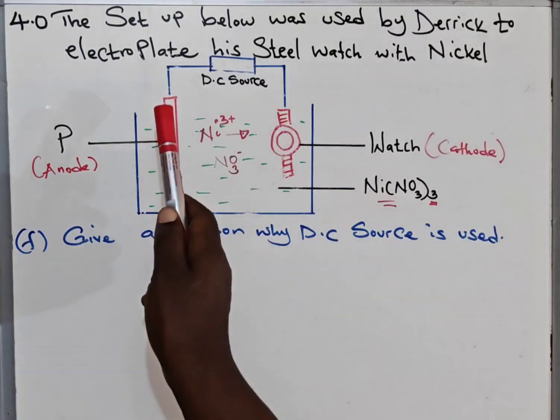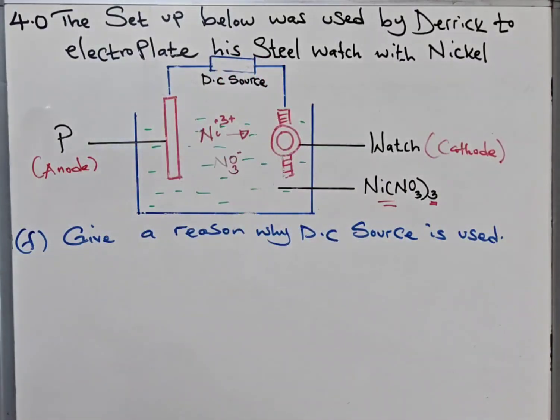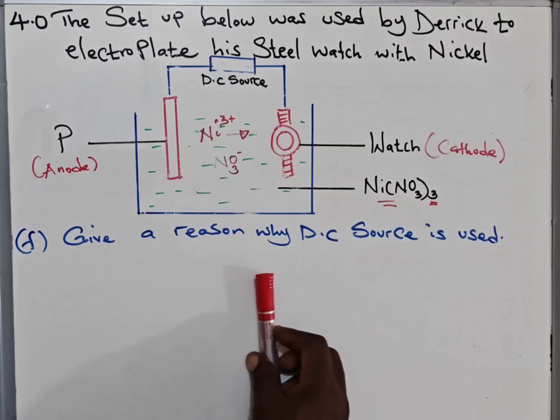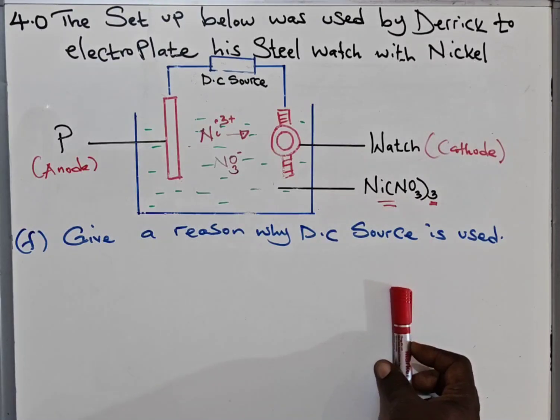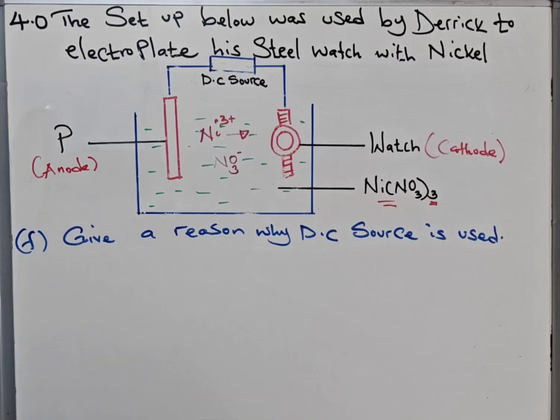It means that the current flowing in this circuit is in one direction. And actually the answer lies there. It means that our charges are going to be moving in one direction. So what's the reason? To ensure that the charges move in one direction.